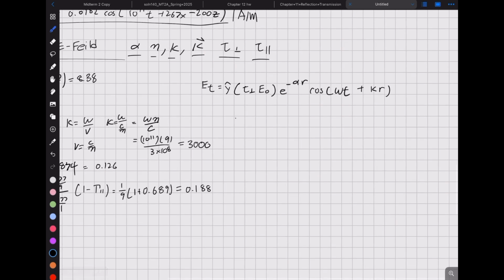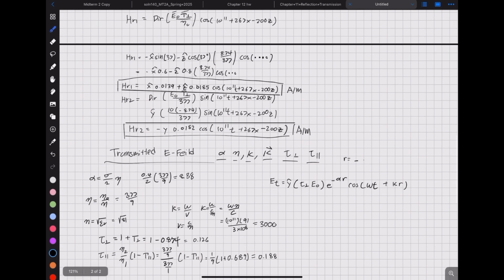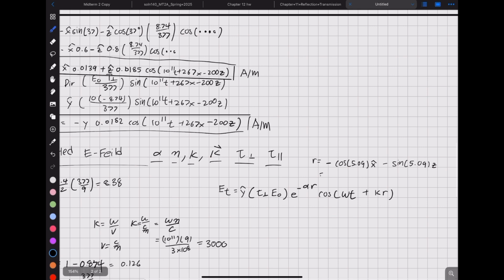Our R, I'm going to write it as negative cosine 5.09 in the x hat direction, and then a minus sine of 5.09 in the y direction. No, negative z.